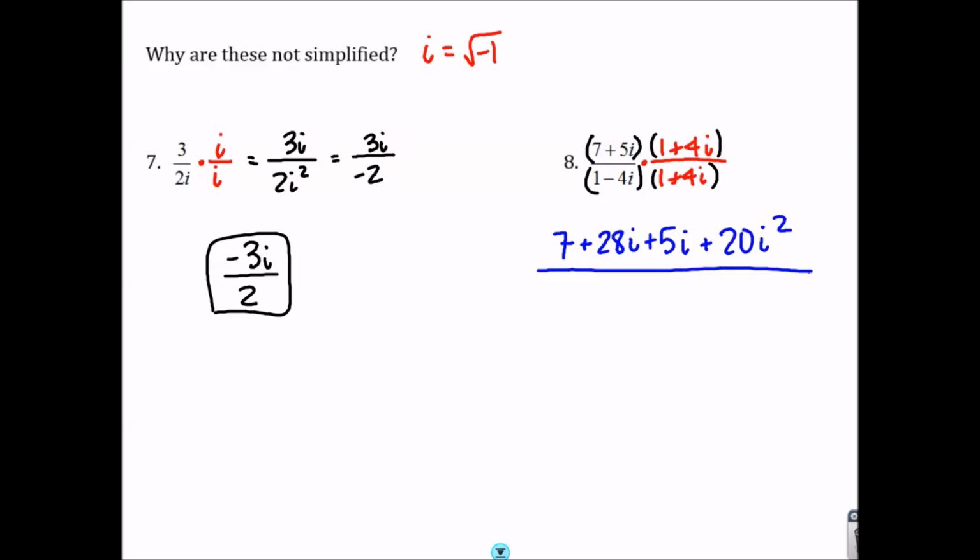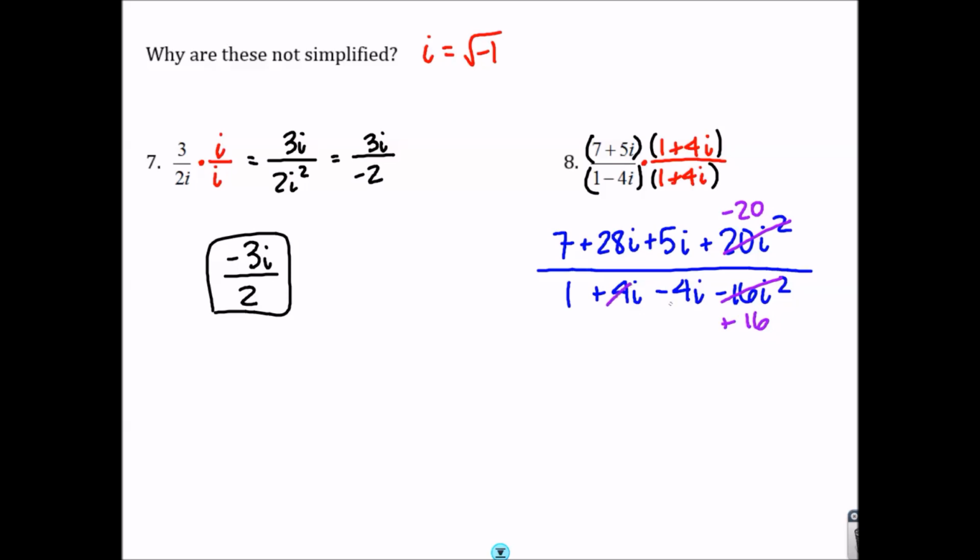In the denominator, we have 1 times 1, 1 times 4i, -4i times 1, and -4i times 4i. Remember that i squared equals -1, so this equals -20, and this equals positive 16.